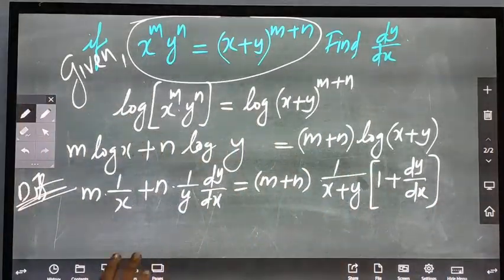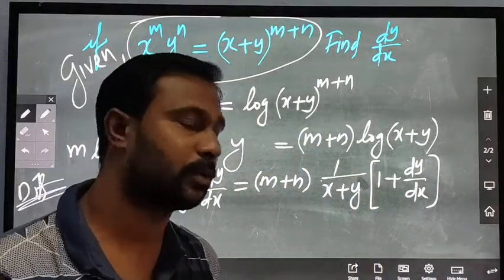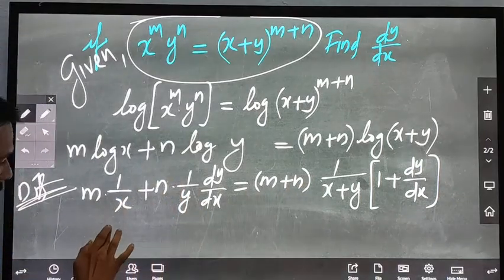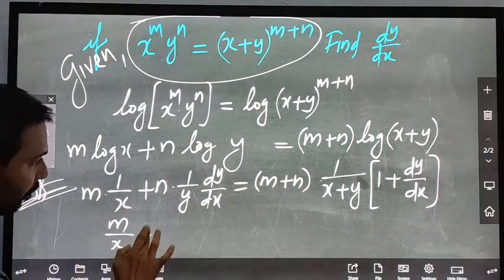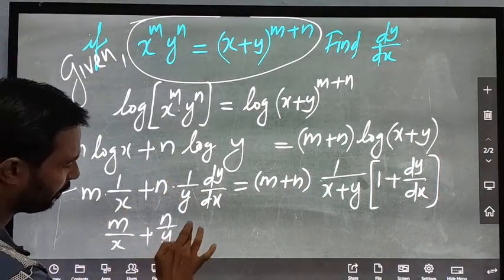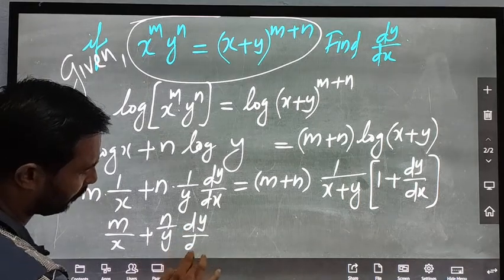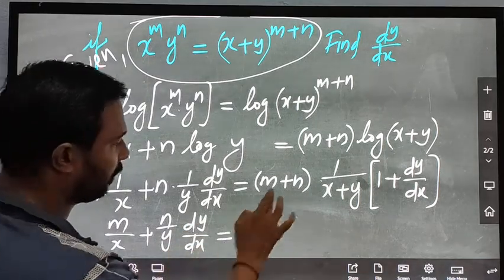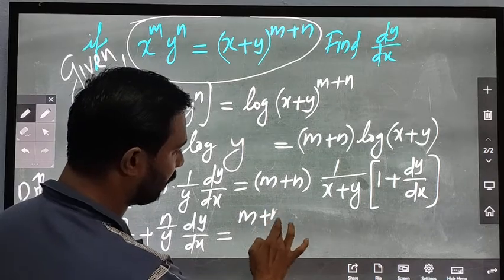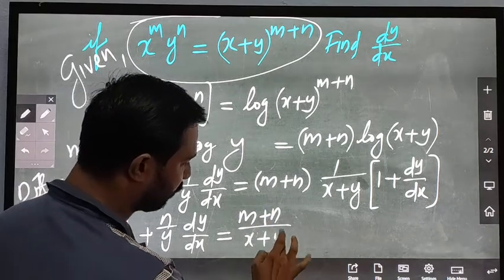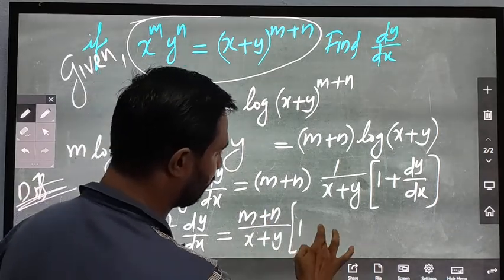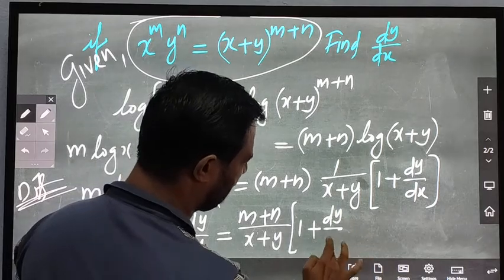Let us write one more step. This is m by x plus n by y dy by dx is equal to m plus n by x plus y into 1 plus dy by dx.